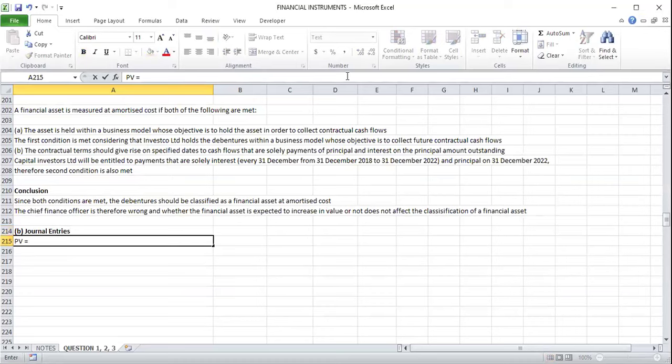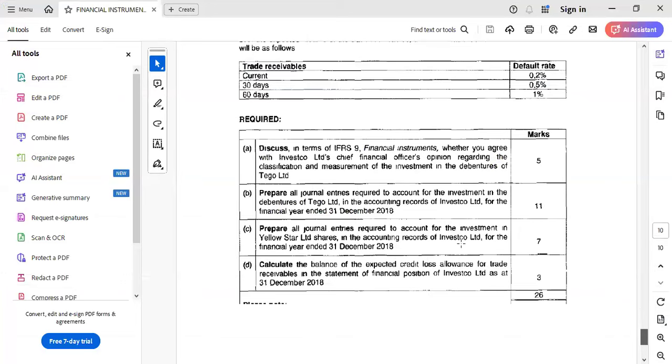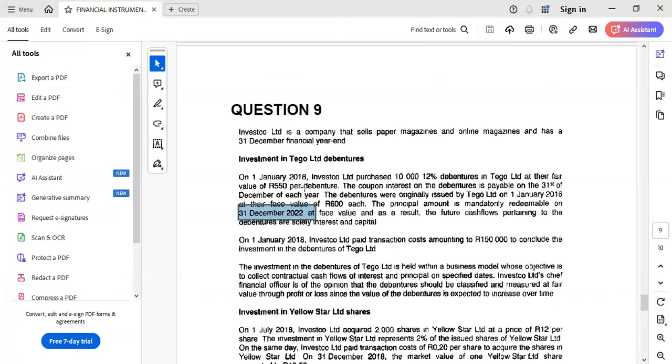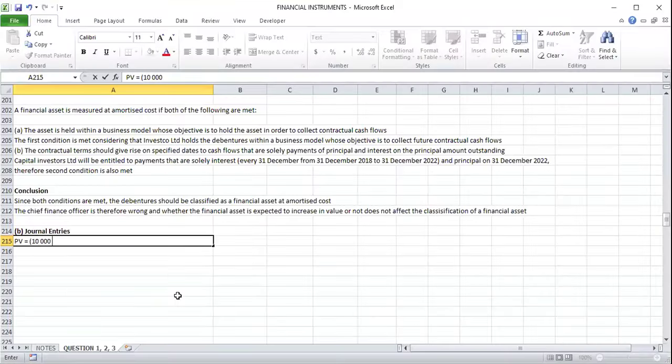Right. These debentures were acquired at their fair value of 550 times 10,000 plus the transaction costs, which were 150,000. So we'd say $10,000 multiplied by 550 plus 150,000.